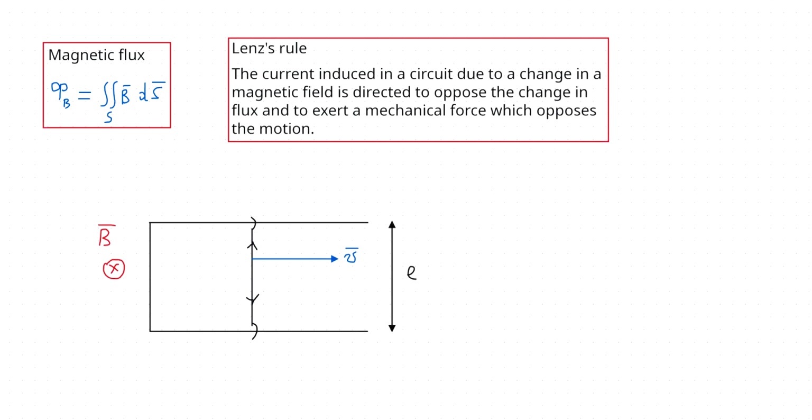So it should produce a force that has opposite direction to velocity v. So it is necessary to choose the direction that will produce Ampere's force directed from right to the left.